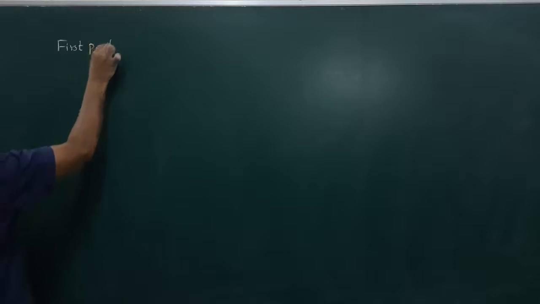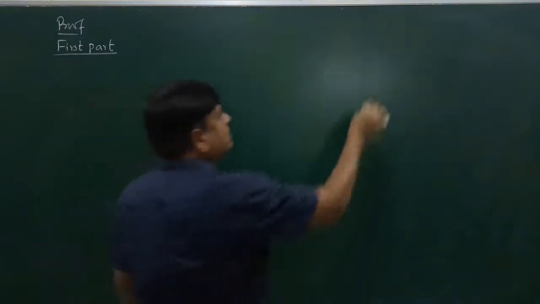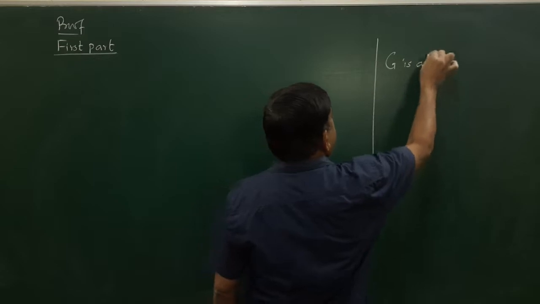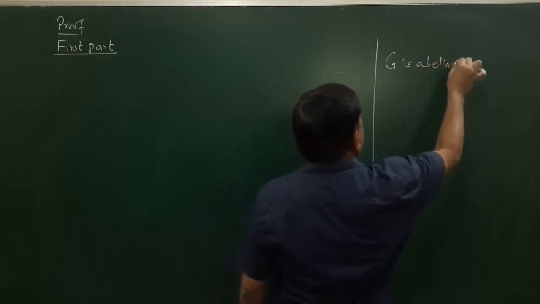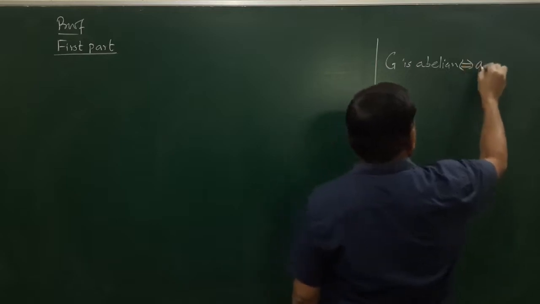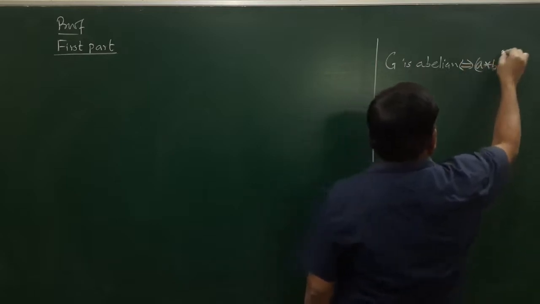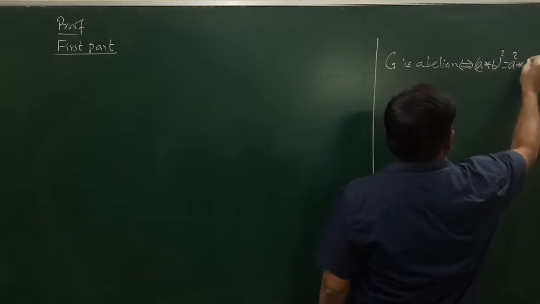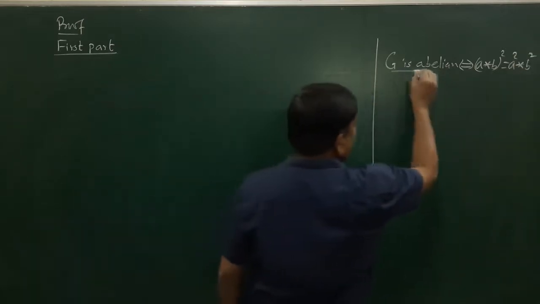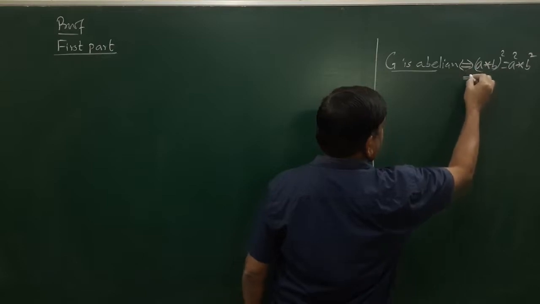First part. G is abelian if and only if, so the first side this, and I will consider this only.